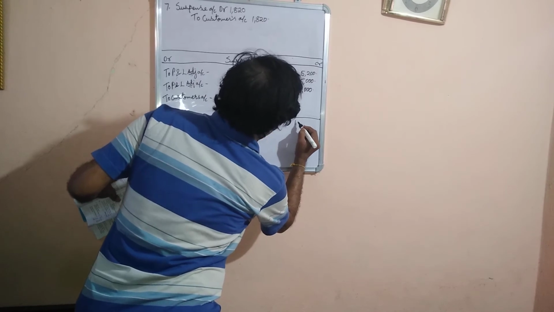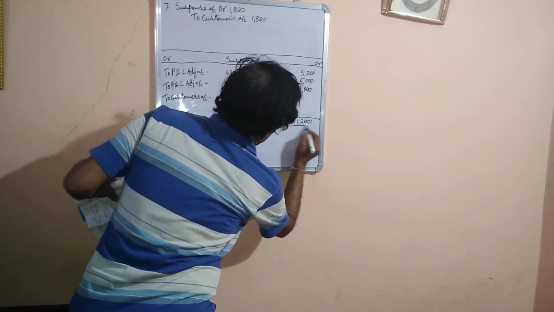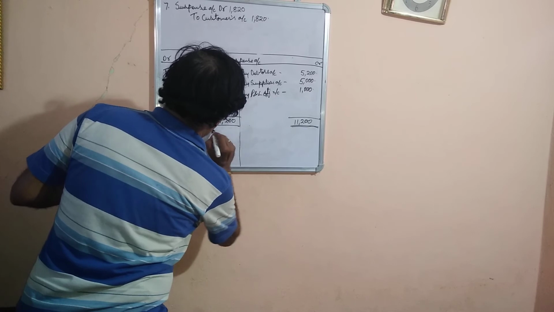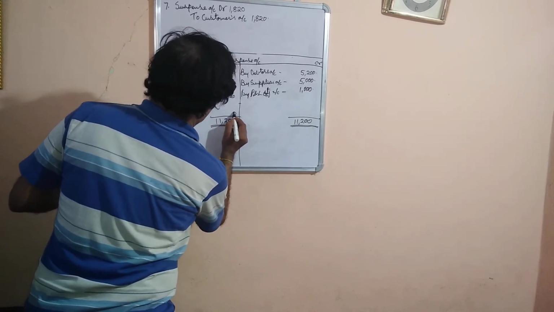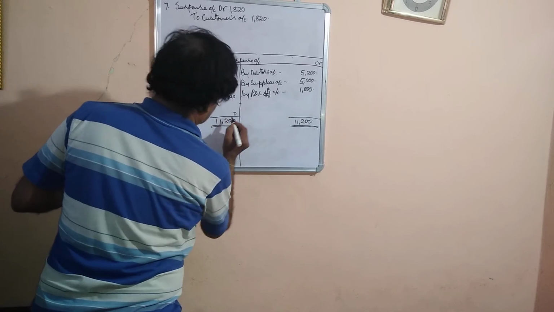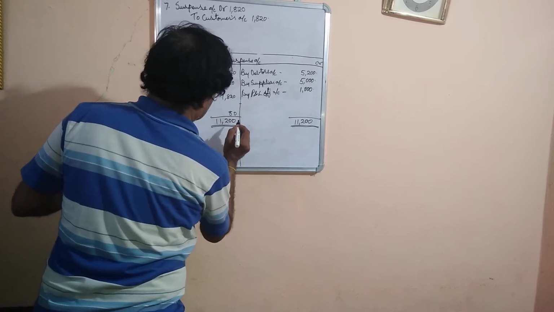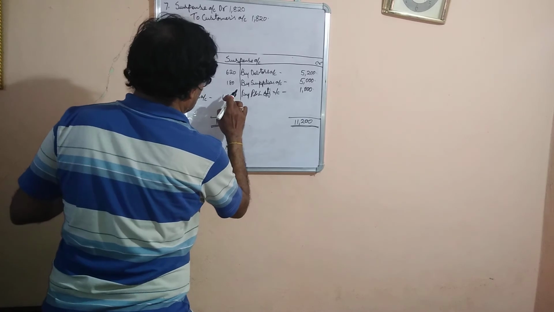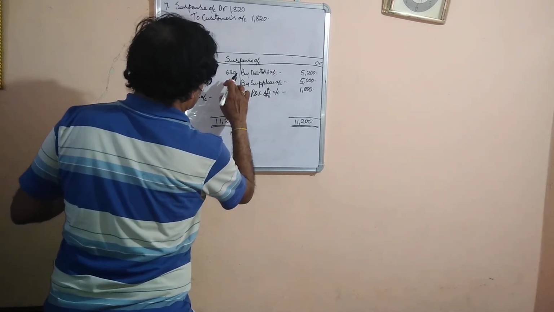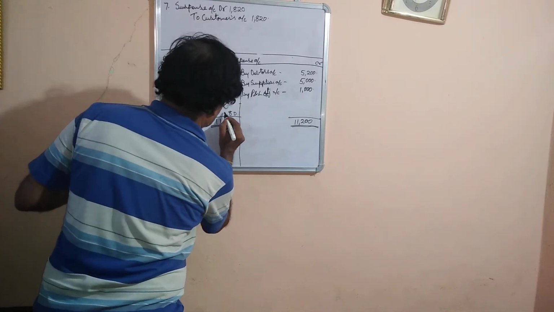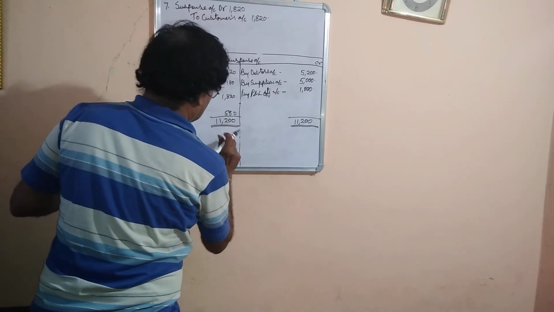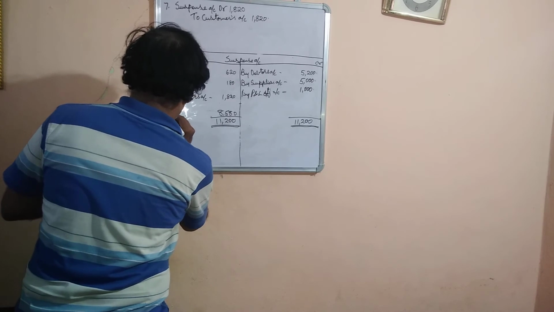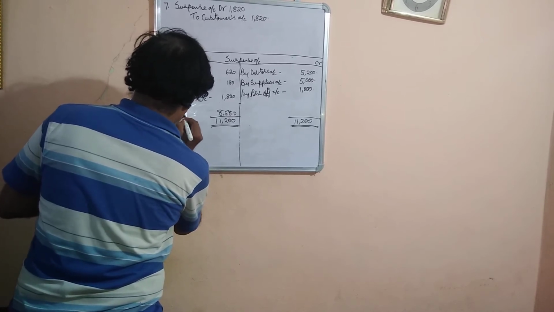Here 11,200, and here also 11,200. Now when you tally this, the balance is 8,580.